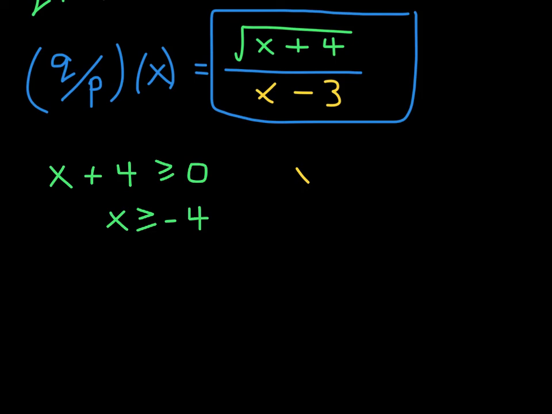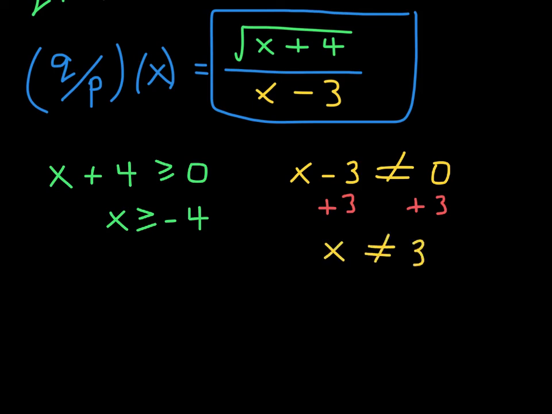Your denominator, x minus 3, must not be 0. We know why. Because if it is 0, then the whole function is undefined. I am solving for x here. So we can see that x must not be equal to 3.